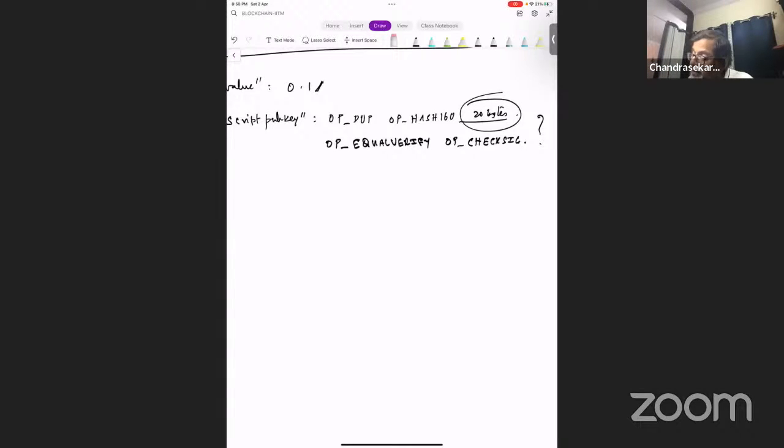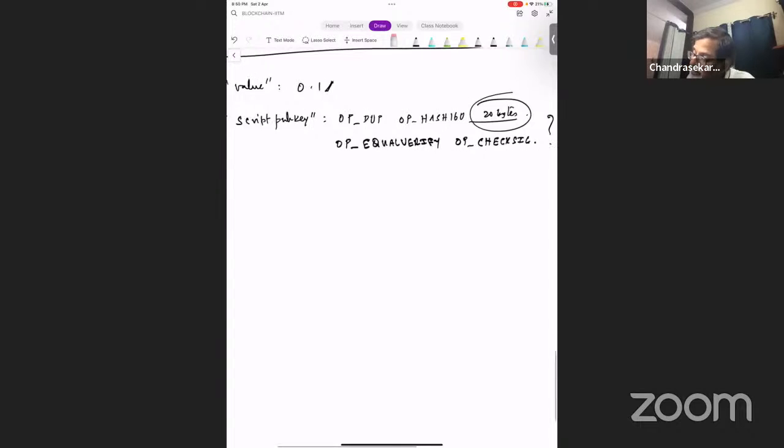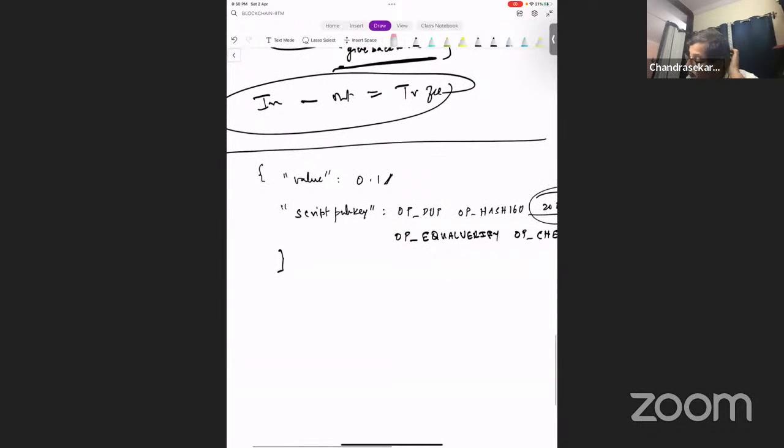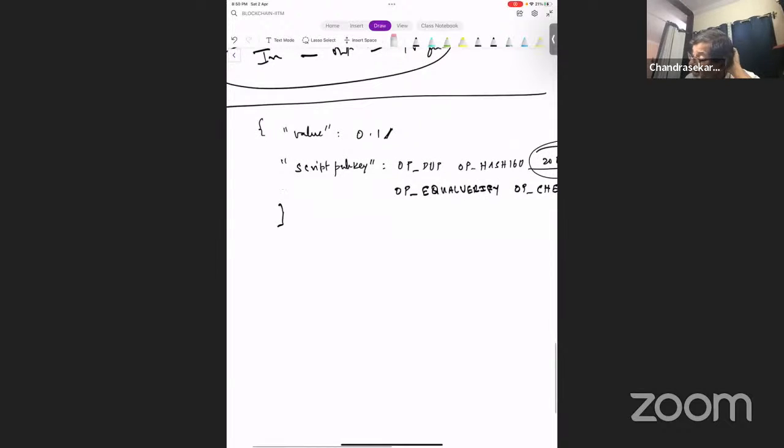That is the reason why the output will have this, and the input will have the transaction ID, and in that transaction, the serial number of the output.